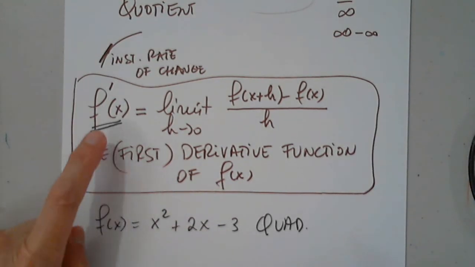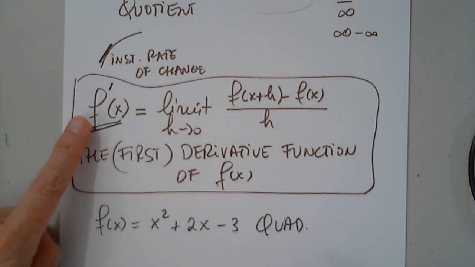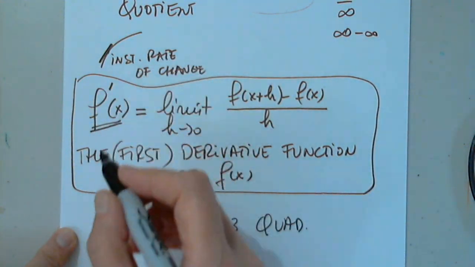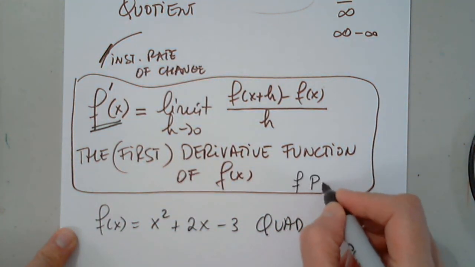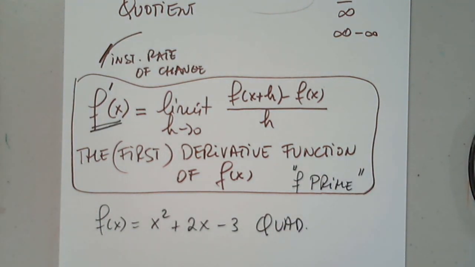I want to find the derivative, the first derivative. It's read f prime. So we want to find f prime, or the first derivative, for this function, for a quadratic function.